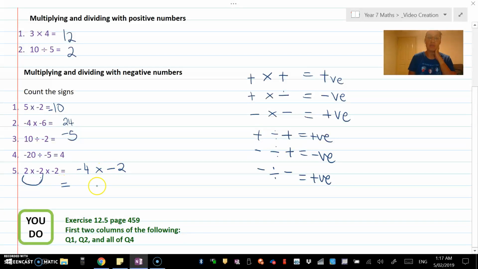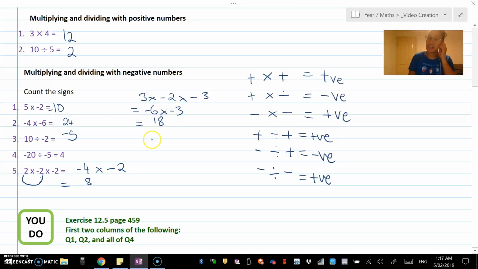Then I would multiply those two numbers together, which is 8. Two negatives becomes a positive. What you might allude to if you did more of these, like 3 times negative 2 times negative 3, is that we have 3 times 2 is negative 6, times negative 3 is going to be 18. Two negatives becomes a positive.